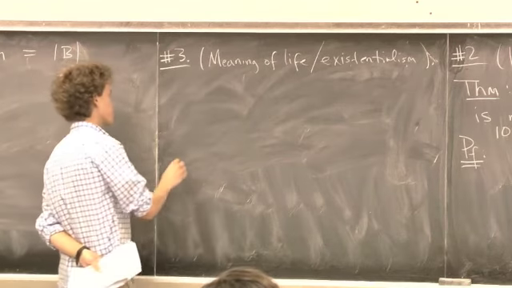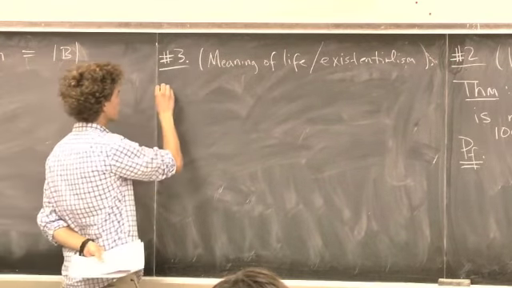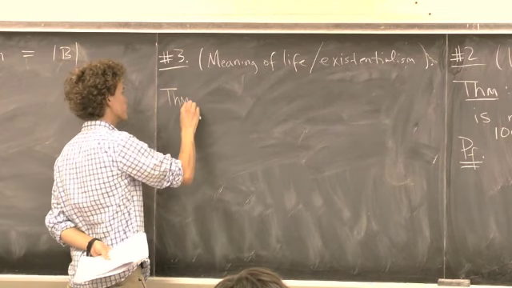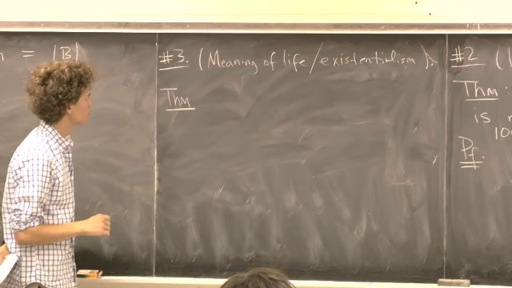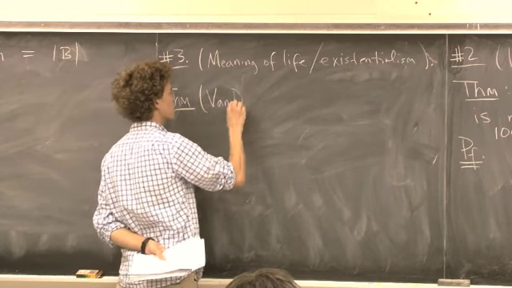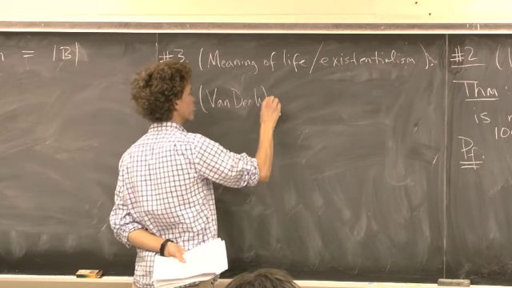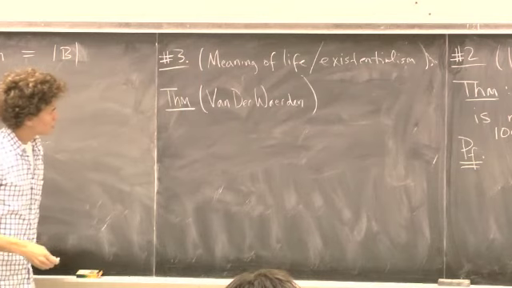Right? Okay, so what's the math? Well, I'm going to state this theorem. And there might be some words in here that you don't know, but we're going to define them. Okay, so this is called van der Waerden's theorem. Van der Waerden. I think that's more or less right.